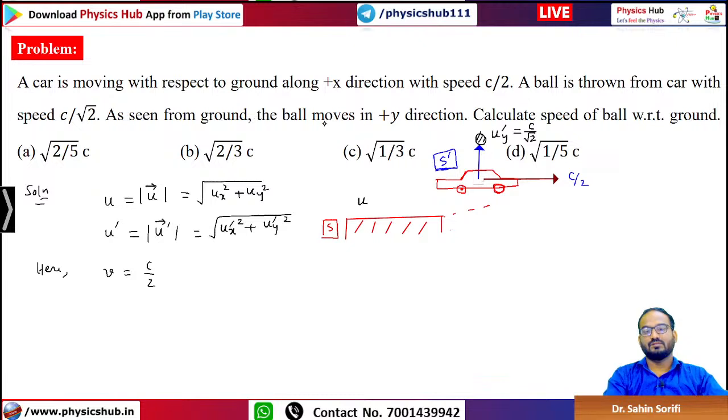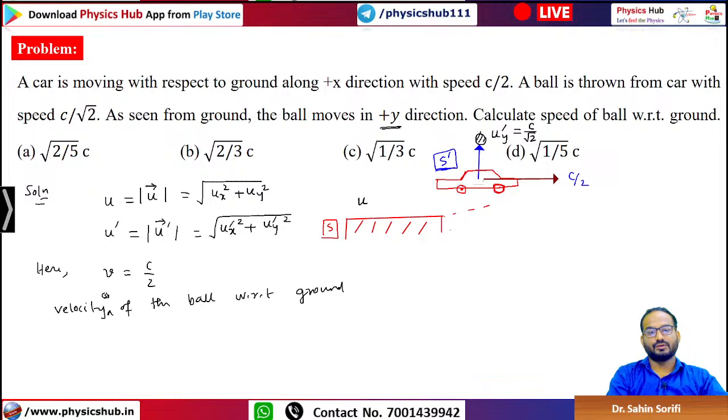As seen from the ground, the ball moves in plus y direction. What does it mean? Velocity of the ball with respect to ground. Let's write velocity components. Ground means S frame. As seen from the ground, the ball moves in plus y direction. Okay, so ux will be what? 0.